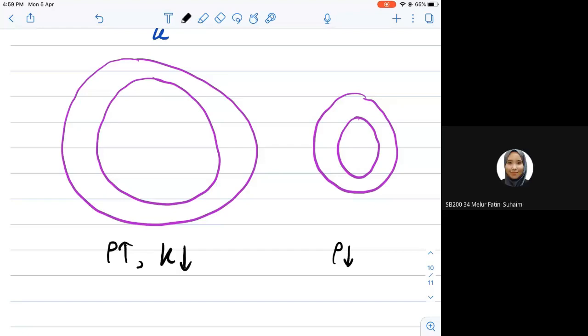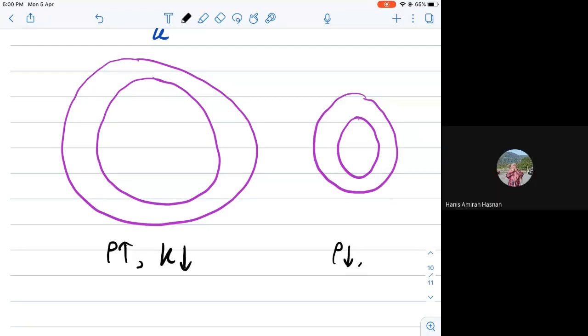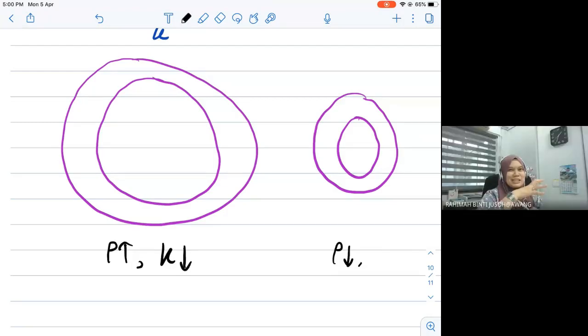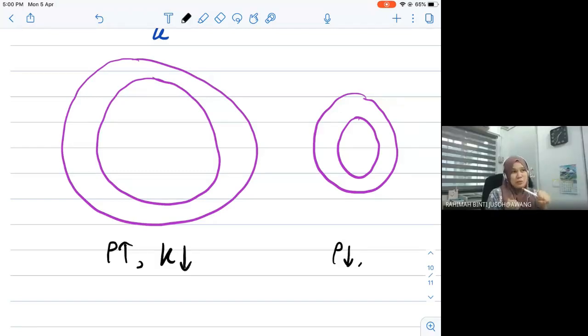Tapi kalau roundabout tu kecil, you memang kena pusing handle basikal betul-betul, kan? Boleh imagine masa kita nak masuk simpang, kalau benda tu memang betul-betul 90 degrees, you kena pusing betul-betul handle basikal.